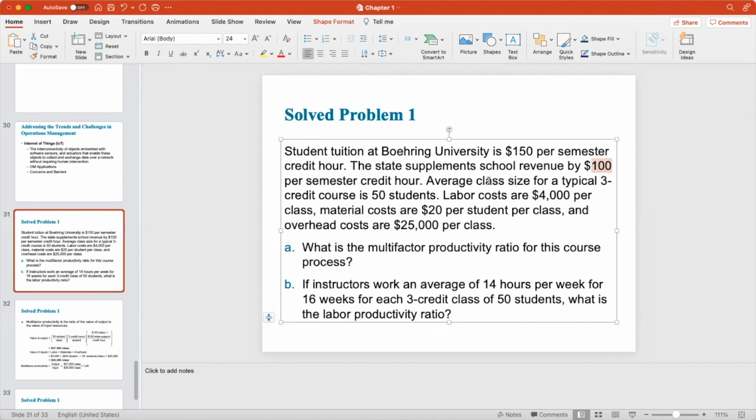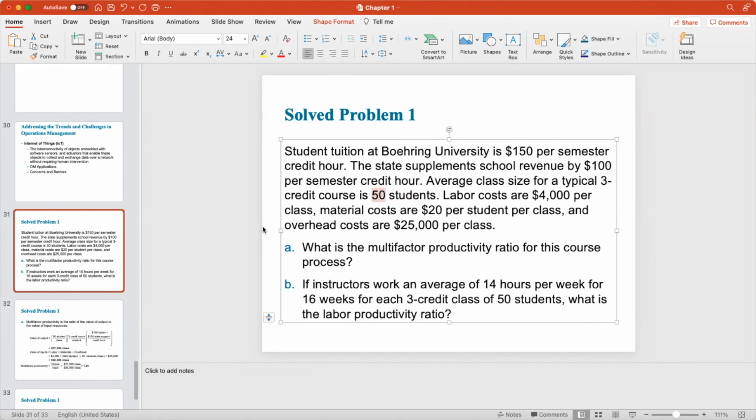But don't forget, within a class, normally it would be a 3 credit course. It's not just 1 credit, it's a 3 credit course, and it includes 50 students. So within a class, the overall revenue for the university would be 250, because you add up these two numbers, and then 250 times 3 because this is a 3 credit course, and then times 50 because it doesn't just include 1 student, it includes 50 students.